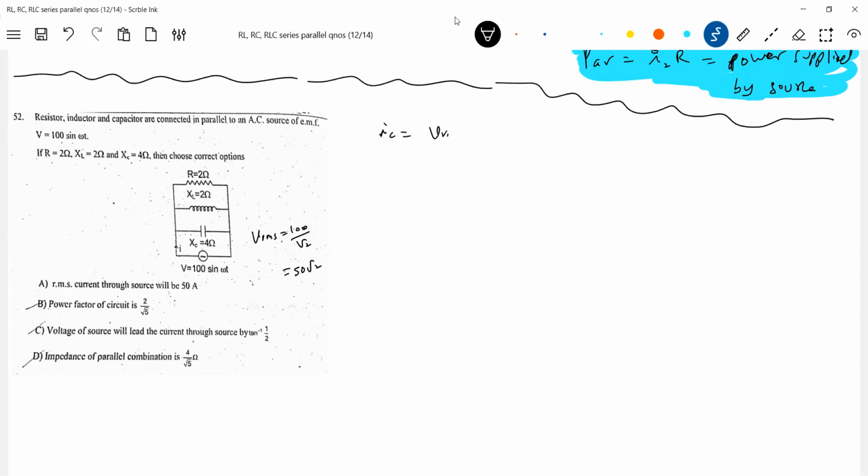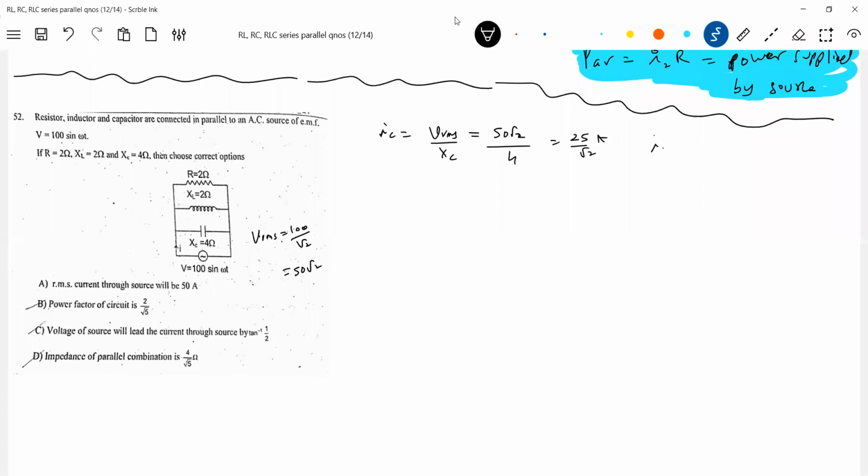I'll write one step: VRMS by XC. VRMS is 50 root 2. XC is how much? It is 4. So 25 by root 2 ampere.